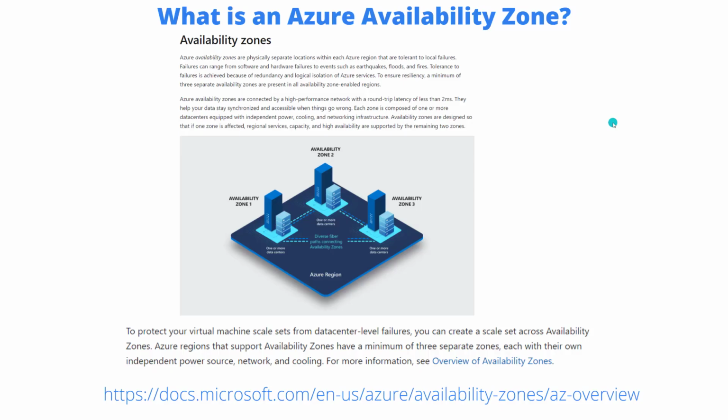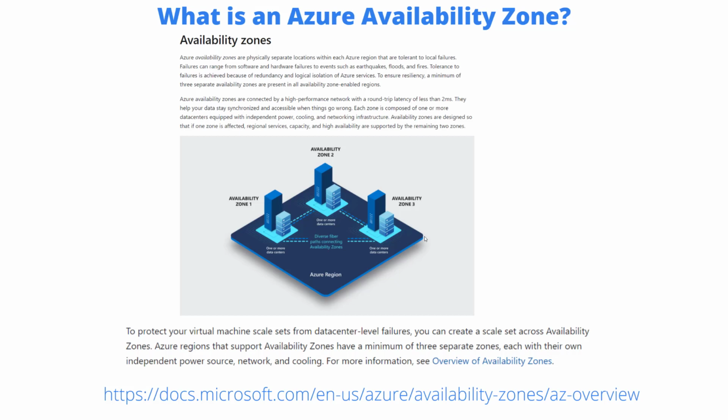Okay, let's dive in. Let's talk a little bit about what an Azure Availability Zone is. On the screen here, which I've grabbed from the Microsoft documentation, we have this square that represents an Azure region. Within select regions, and that's why you have to be careful about which region you're deploying your assets in to take advantage of this feature, we actually have 3 physical data centers that are not connected to each other.